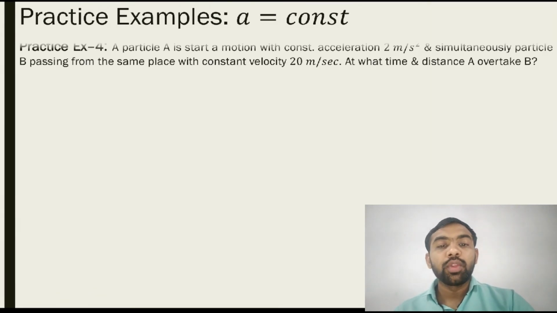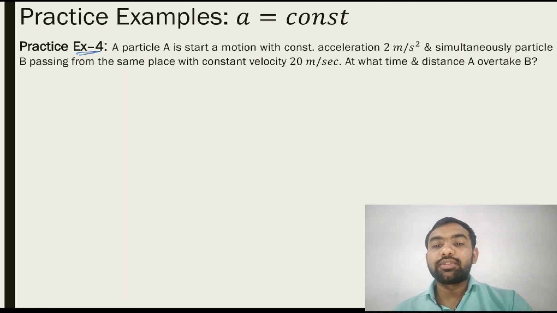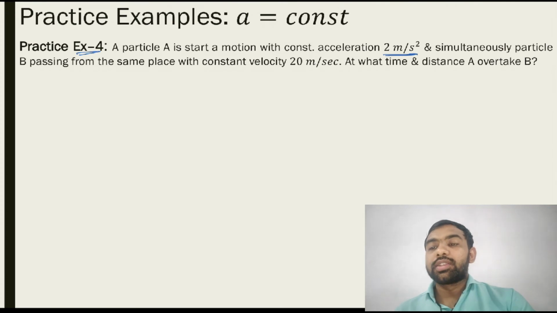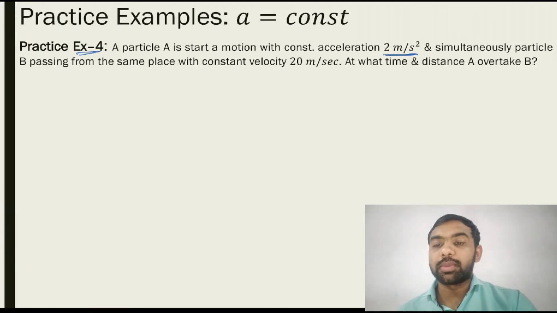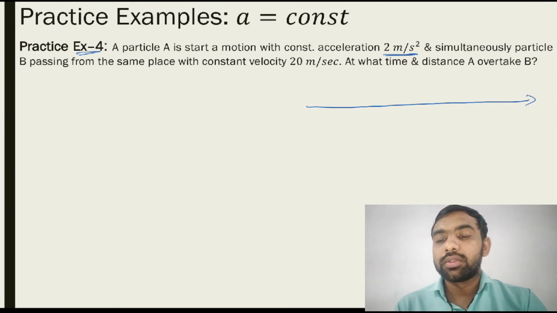See next one. Example number 4. A particle A starts a motion with a constant acceleration 2 meter per second square. Simultaneously particle B passing from the same place with a constant velocity 20 meter per second. Means here this type of two particles are given to us.